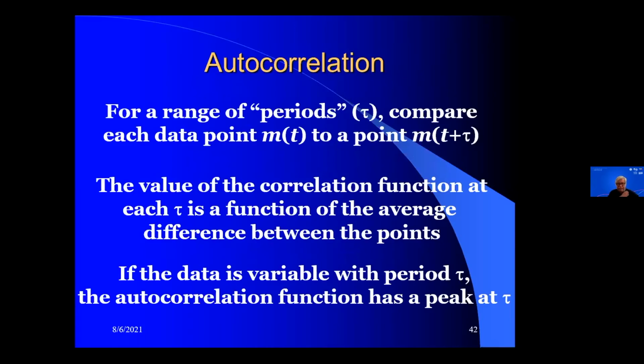So the value of the correlation function at each tau is a function of the average difference between points. If the data is variable with period tau, the autocorrelation has a peak at tau. Once again, it's a multiplication of coincidence, similarity, that gives you a function. This is not called the power spectrum, but of course the coincidence, the similarity.